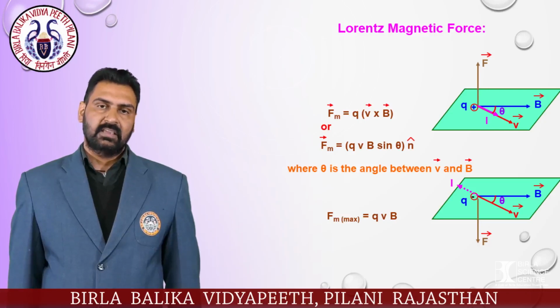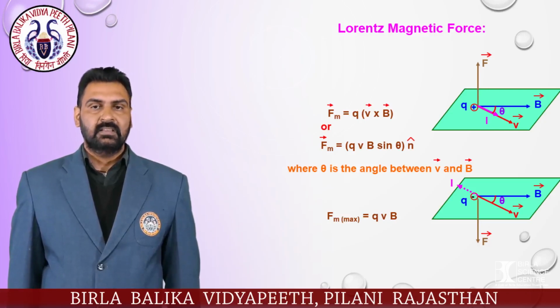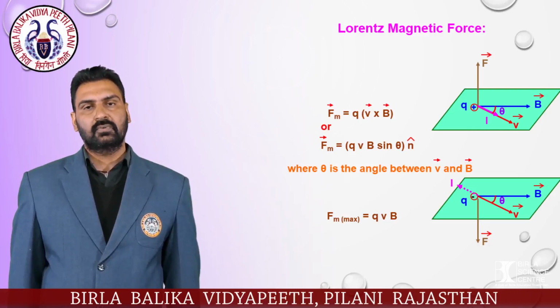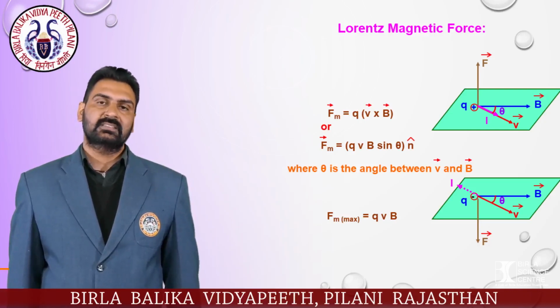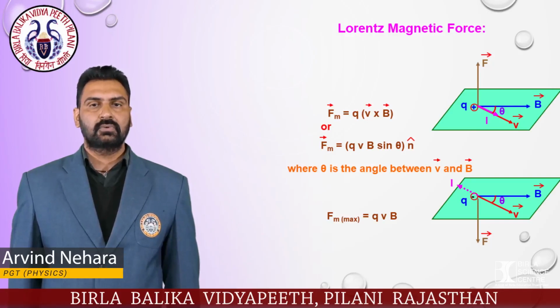In the next case, if theta is 90 degrees, that is, if the charge moves perpendicular to the magnetic field, then the force is maximum, given by Fm maximum = QVB, since sin theta is 1.